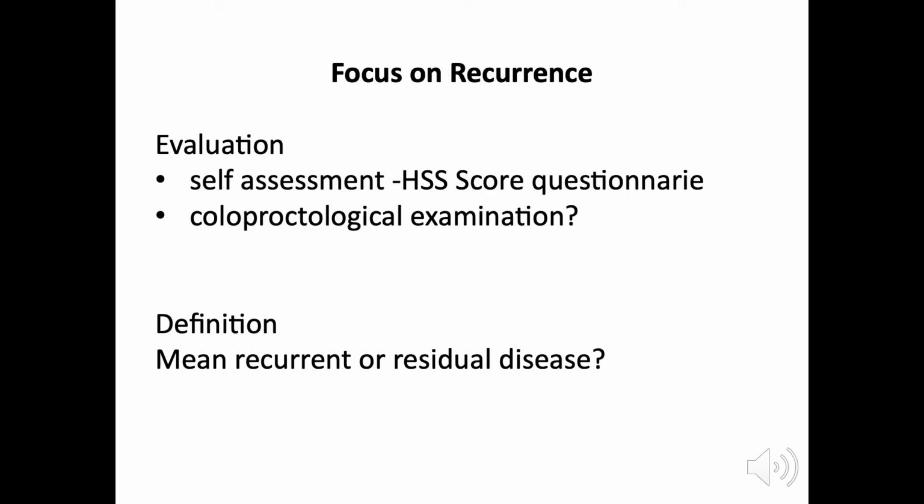A focus on recurrence: evaluation where possible with a self-assessment hemorrhoidal score system or with a coloproctological examination. Also about recurrence, we have to demonstrate if the disease is recurrent or residual, so present in the first postoperative period.